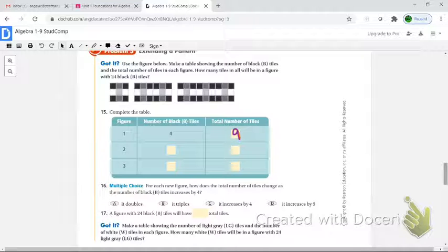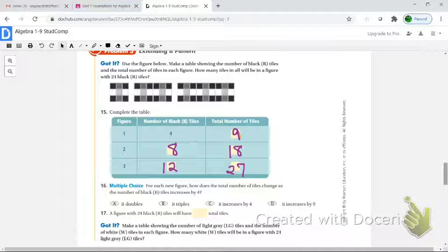And then in figure 2, there are 8 black tiles, and then there are 18 tiles altogether. And in figure 3, there are 12 black tiles, and altogether there are 27 tiles, including all 3 colors.